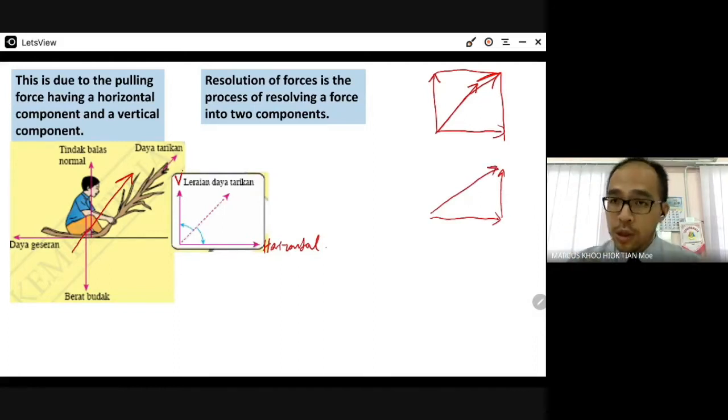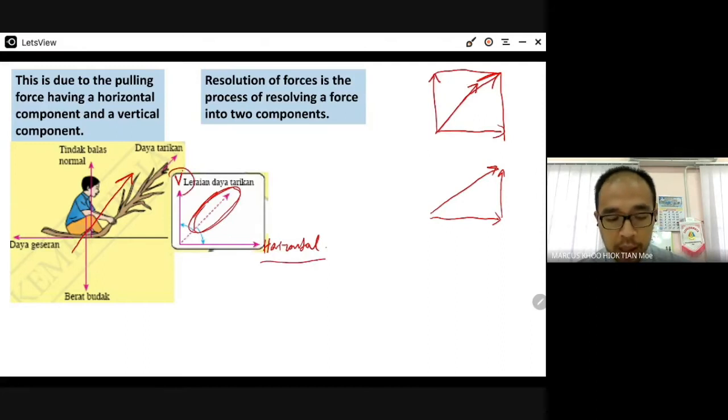So resolution of forces is basically the reverse of resultant force, except that in this case we want to talk about a slanted force. If we want to resolve it, we want to split it into a horizontal and vertical component. And that's all we're interested in today.